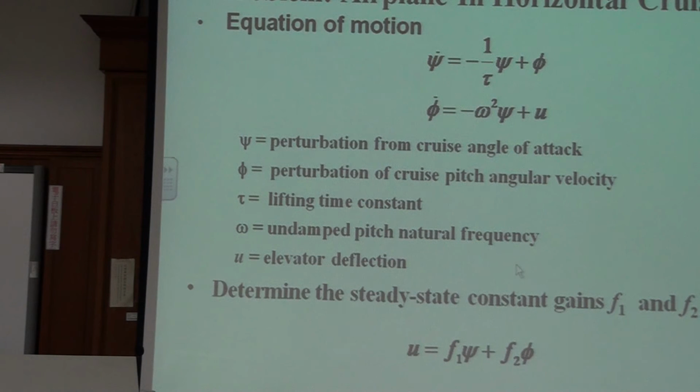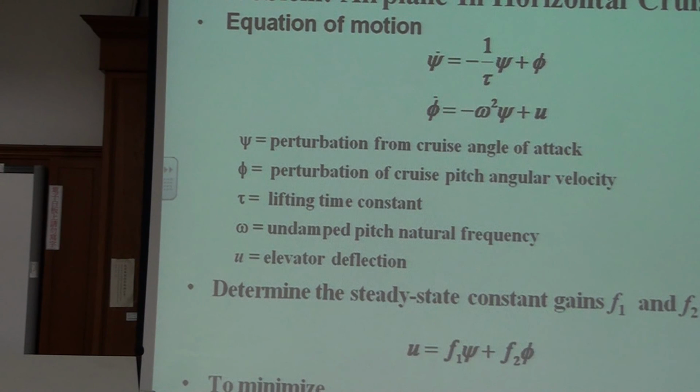Now what we want to do is determine the steady state constant gains F1 and F2 such that U equals F1 psi plus F2 phi, to minimize the index I'm using. The index is the integral of psi squared plus phi squared plus U squared, dt.